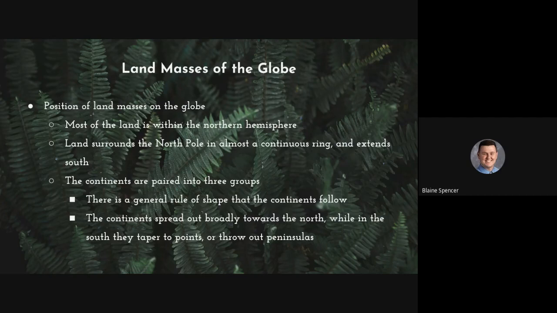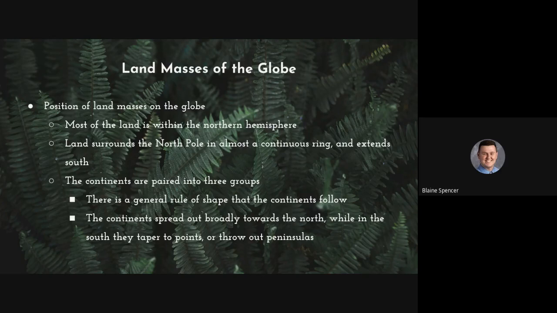With this, when we break down the position of the land masses on the globe, we see that the bulk of the land is going to be located within the northern hemisphere. North America, Europe, and Asia are all going to be in the northern hemisphere, but then parts of Africa and South America are going to be as well.